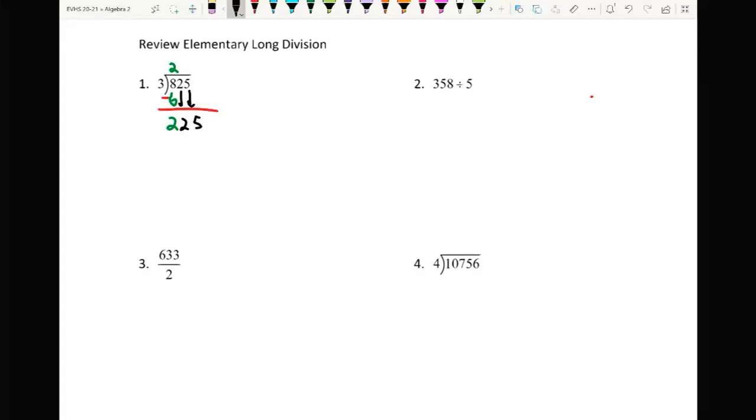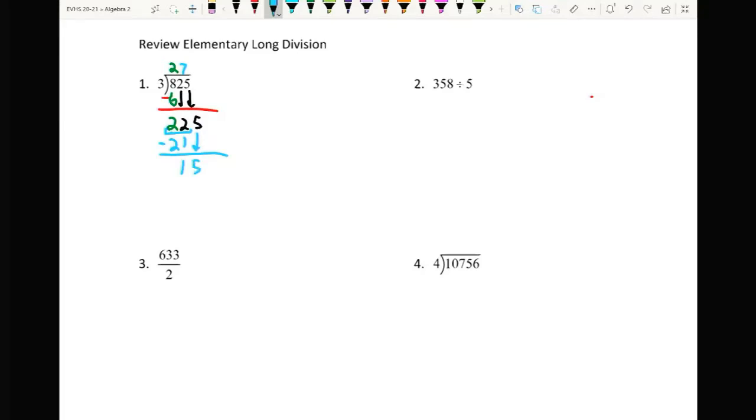Well, now I look at my next place. 3 can't go into 2, but it can go into 22. So 3 goes into 22 7 times, and 3 times 7 is 21. Subtract that out. 2 minus 1 is 1, and then my 5 drops down.